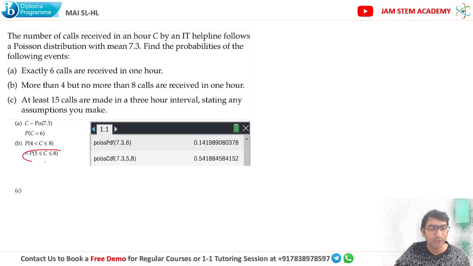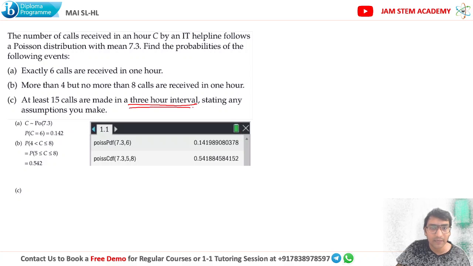Similarly, from 5 to 8, because we need more than 4 and less than or equal to 8, Poisson CDF for 7.3 from 5 to 8 comes out as 0.54188. We can write it as 0.542.